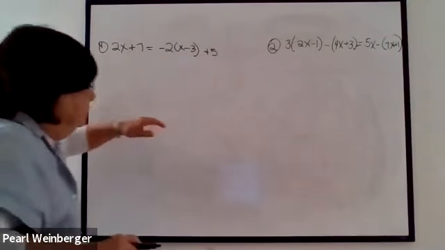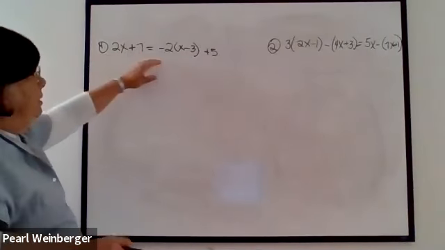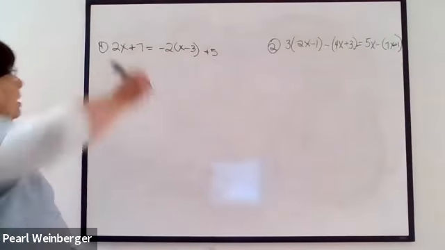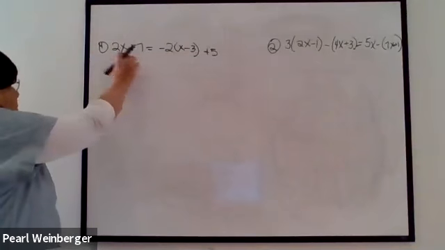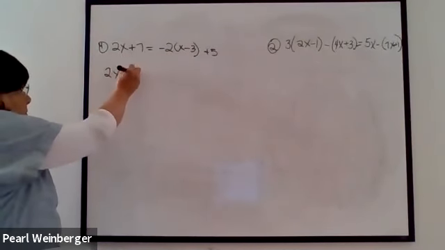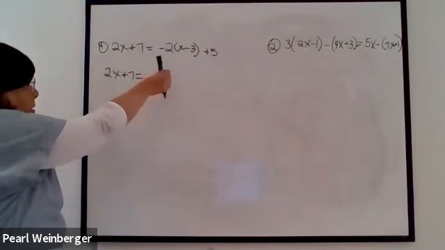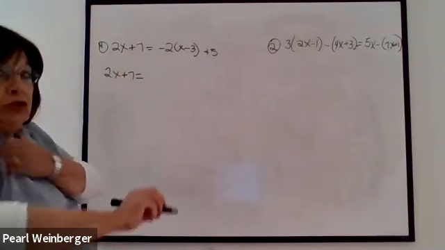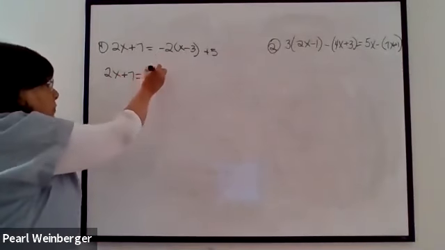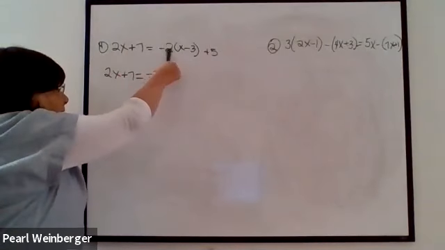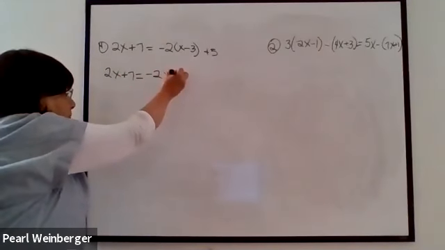Okay, and the first step in solving the equation is, if there are any parentheses, to remove the parentheses. On this side, there are no parentheses, so we just leave the 2x plus 7. On the other side, there's a negative 2 in front of that parenthesis, so we use our distributive property to remove that parenthesis, and we get negative 2x, and negative 2 times negative 3 is positive 6.